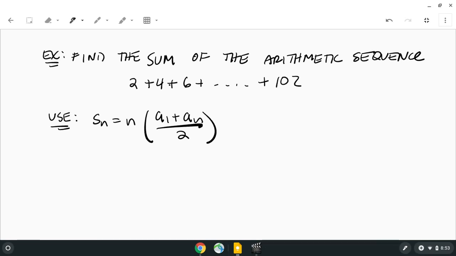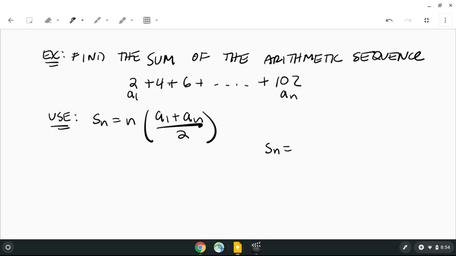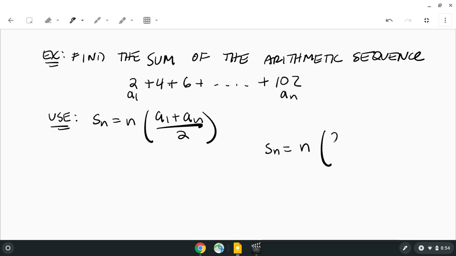We know our first term A1 is 2. Our last term, AN, is 102. So our sum is going to be, I don't know what n is, but I know A1 is 2 and my last term is 102.